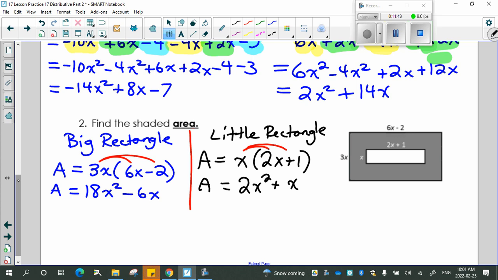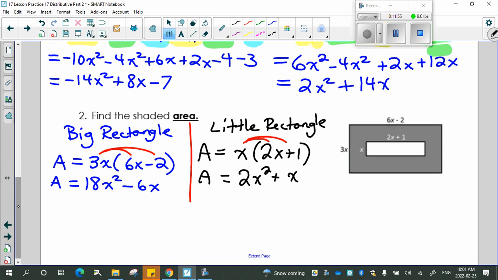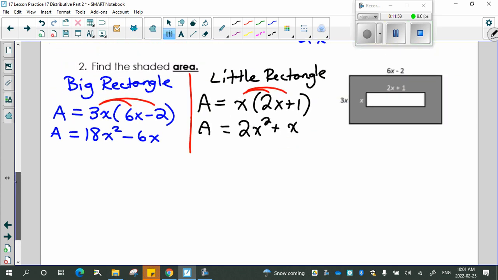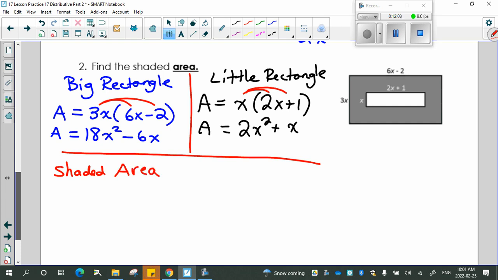And now we said we're going to take away the little rectangle from the big rectangle area. So I've got to show my thinking. So the shaded area, see, I'm labeling, so I'm showing my thinking.